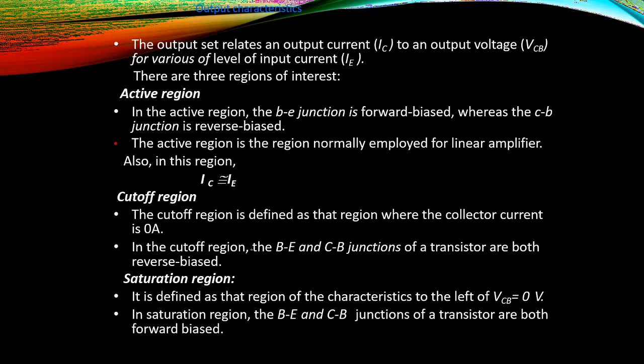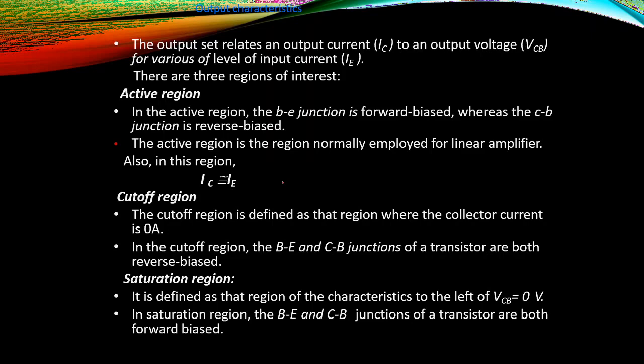So the conclusions for output characteristics: for the active region, the output current equals the input current, IE equals IC. For the cutoff condition, whatever region is there with less than the IE current, we call it the cutoff region. The saturation region is when the reverse bias voltage is 0, nothing but no voltage.